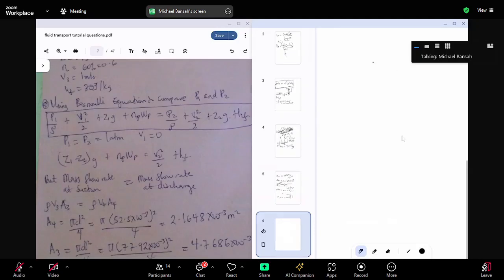Now, if you know how to apply the Bernoulli, remember we are trying to look for P1 and P2 so that we'll find a difference, and that will give us the pressure developed. And the equation in which there is pressure is Bernoulli, considering a flow from one point to the other, right? This is a flow from one point to the other. So you can use the Bernoulli equation.